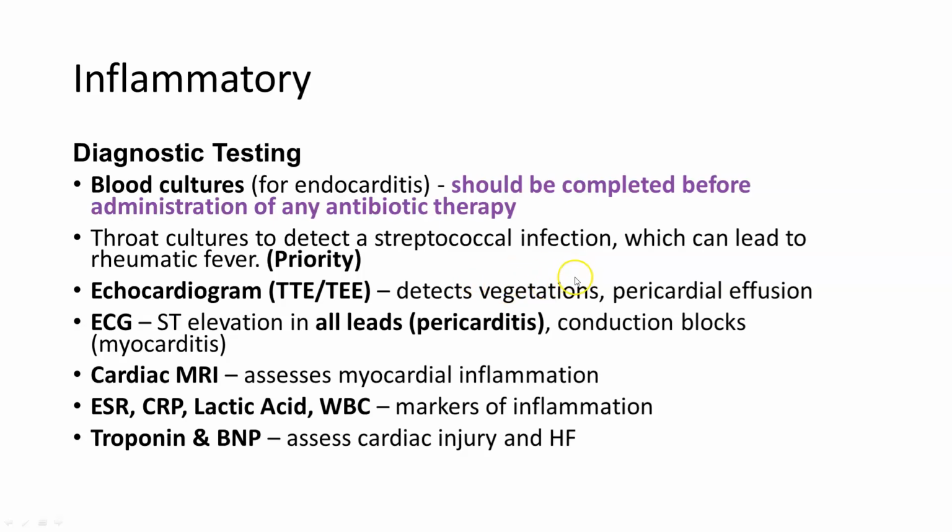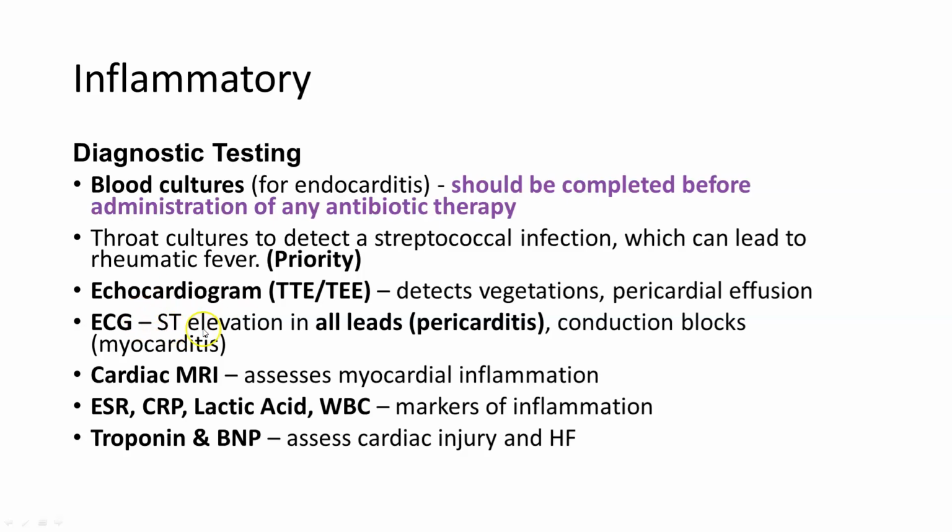Vegetation are just growths, usually growths around the valves, and that growth, whether it's calcification or any kind of already existing bacteria, is going to harbor and allow bacteria to propagate. The echo would also give us information about a pericardial effusion. Again, the effusion is just another way of saying that we have fluid in the pericardial sac.